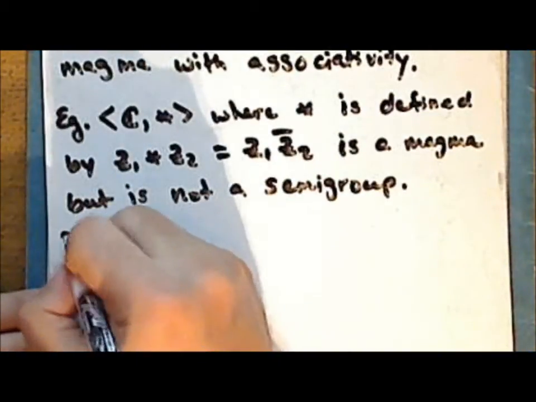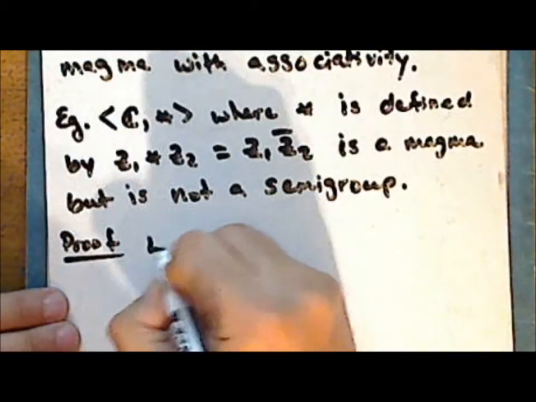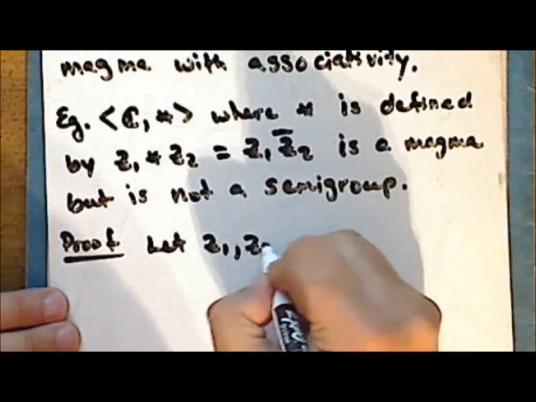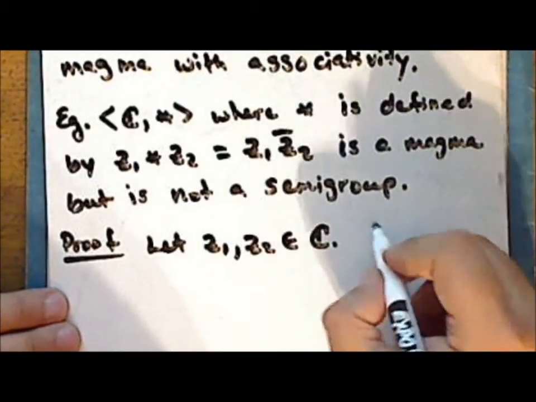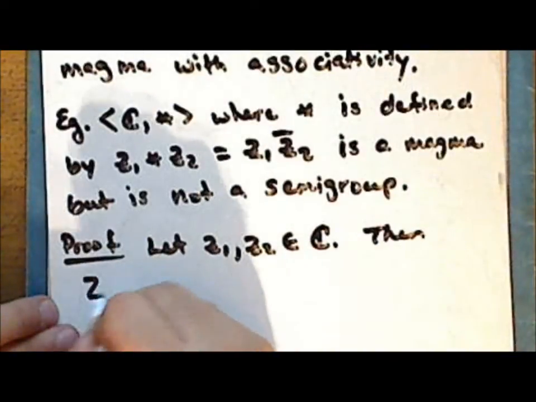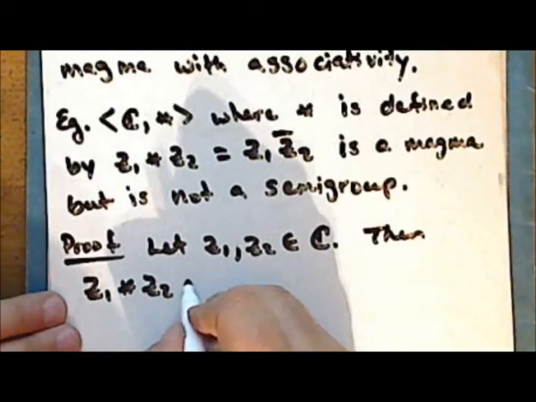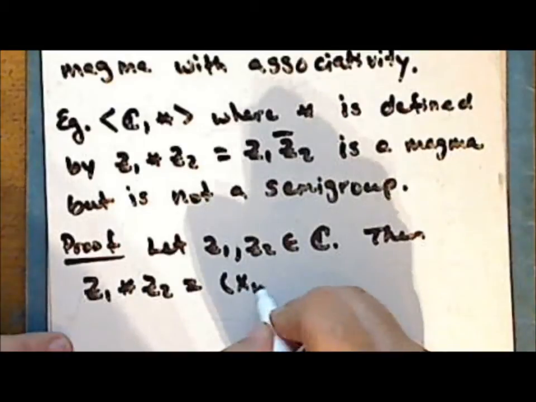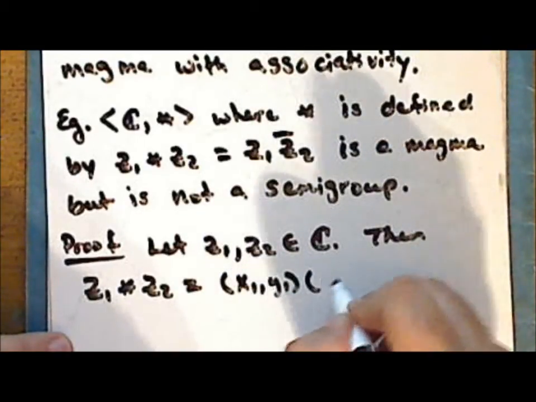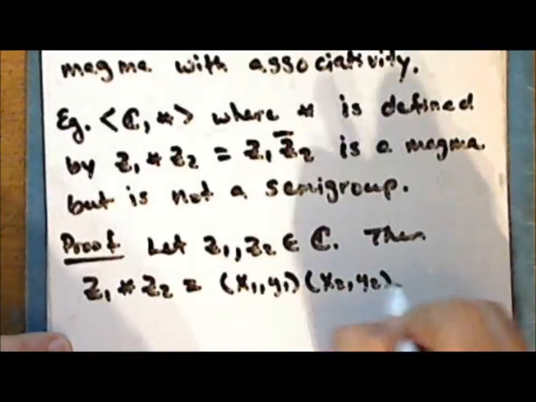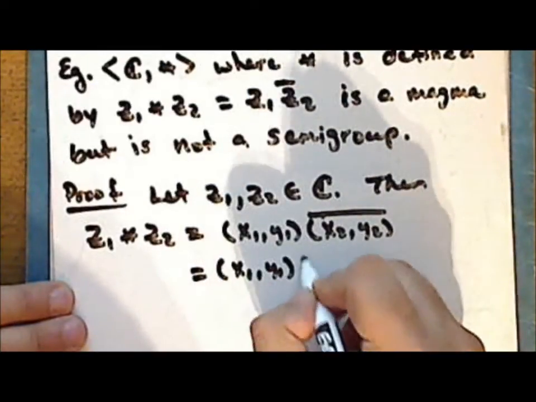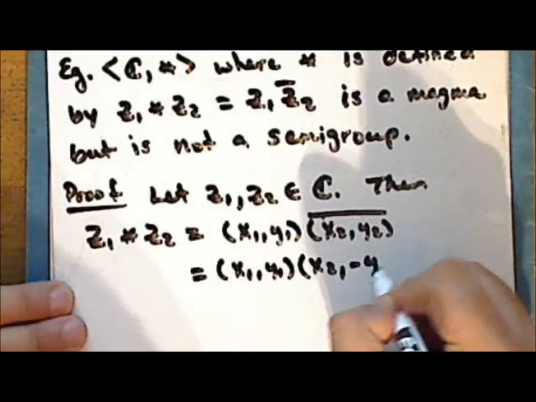Okay, so proof. Let Z1 and Z2 be complex numbers. Then the product Z1 star Z2 is the product of two ordered pairs, x1, y1, with the conjugate of x2, y2. This is the product of the ordered pair x1, y1 with the ordered pair x2, minus y2, or negative y2.